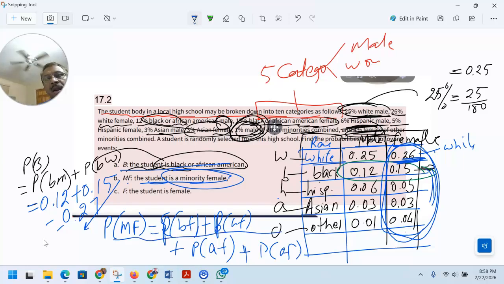All this is written just to organize and show the pieces. So all you do is add up those things.